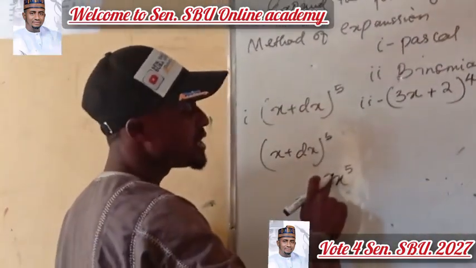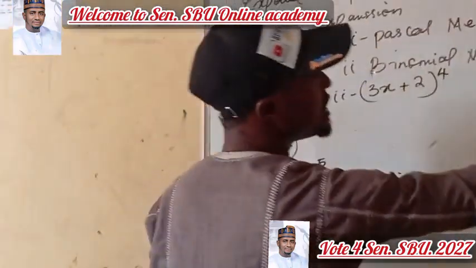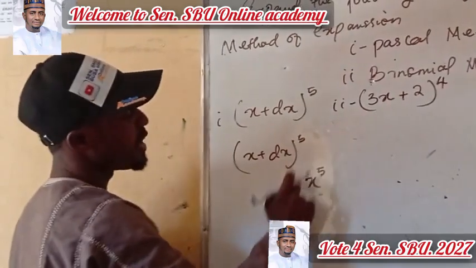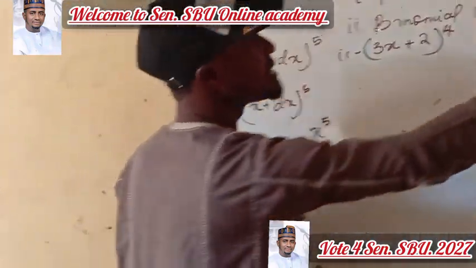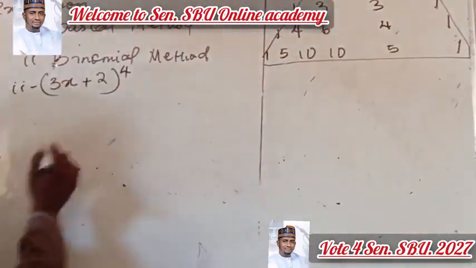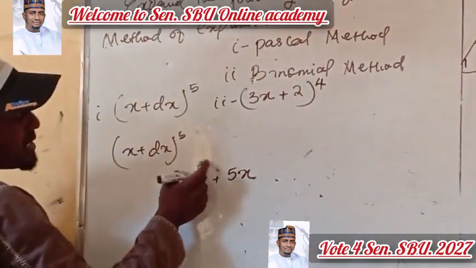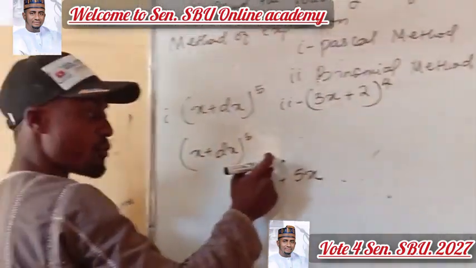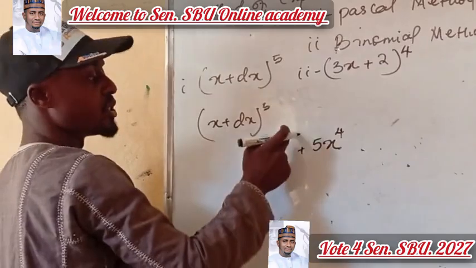Since a number multiplied by 1 is itself, you ignore the 1; 1x raised to power 5 gives x raised to power 5. As you go, the second number after this one is 5. You now write plus 5x. Look at it, x carries power 5 here, so here it should be power 4. That means x is reducing by 1.